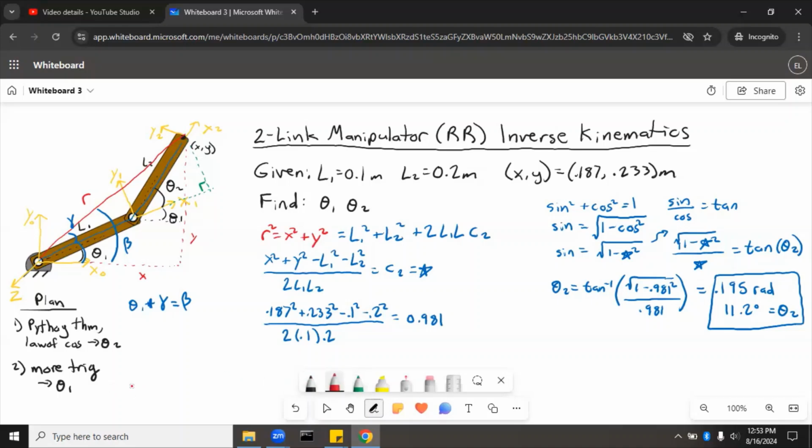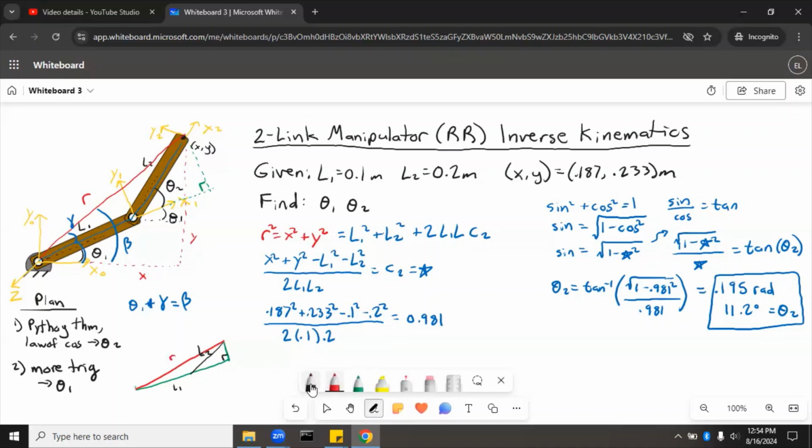We've got R, then that triangle, which is basically L1, L2 here, and that's the right angle.